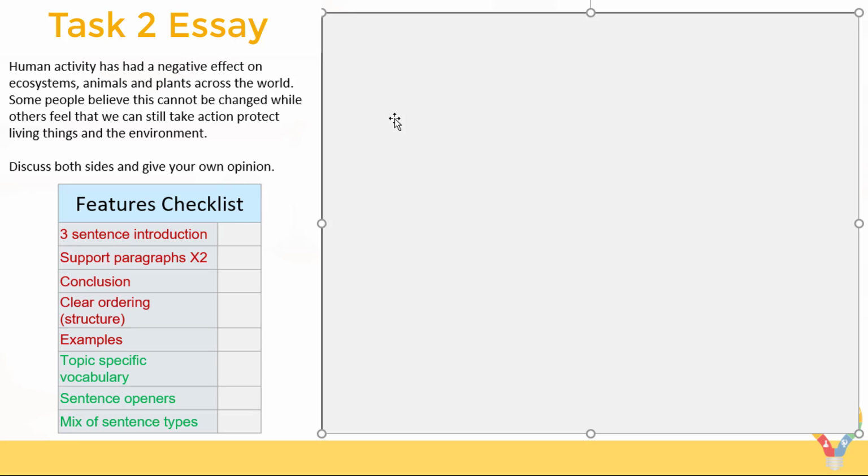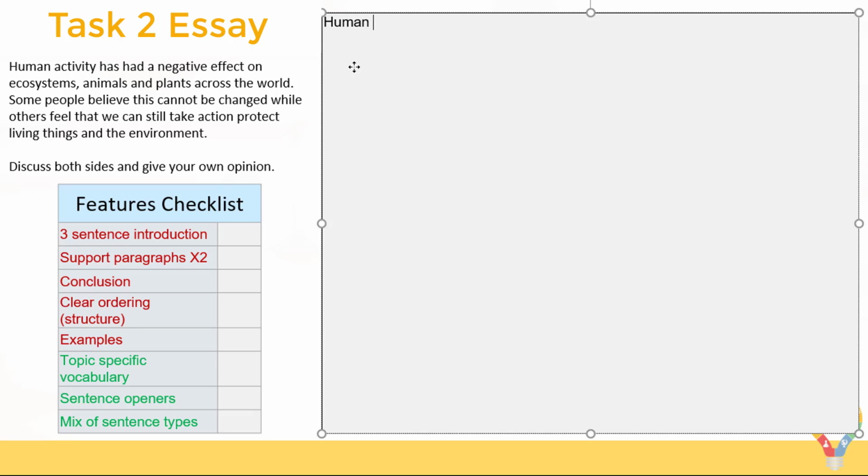So that's what I will do to kick off my essay. I'll begin by paraphrasing the question. Human activity has had a negative effect on ecosystem, animals, and plants across the world. So let's begin. A synonym for human activity.